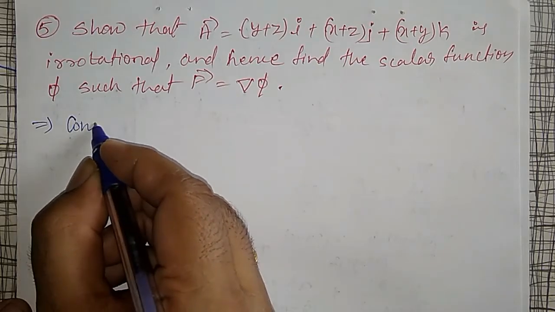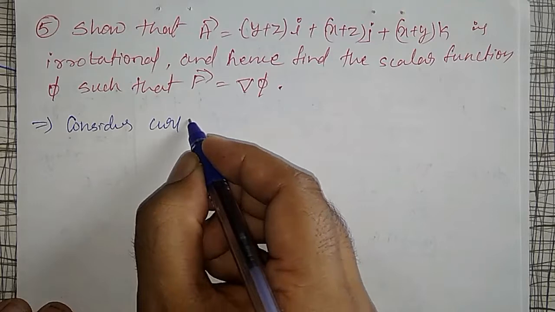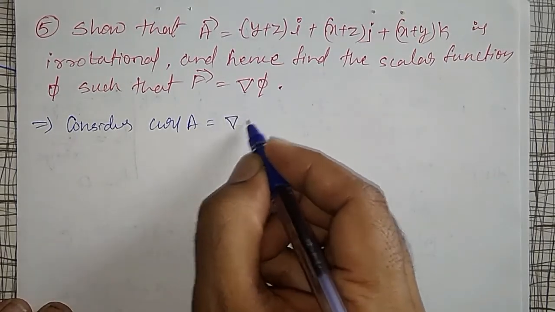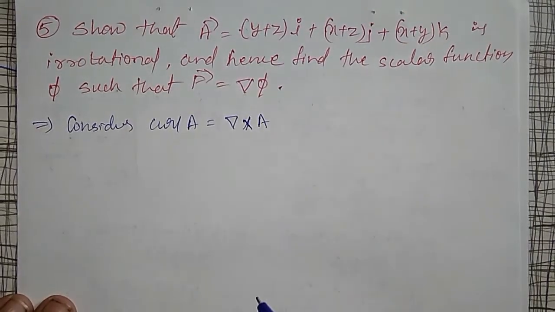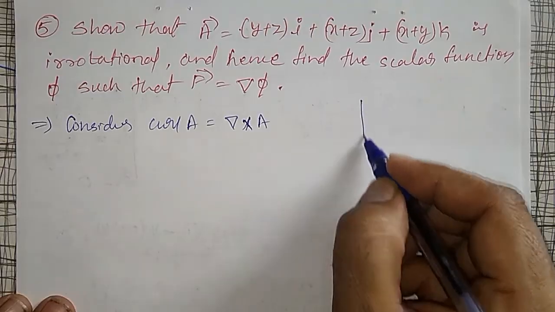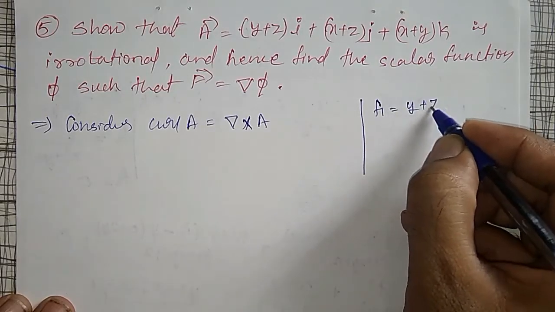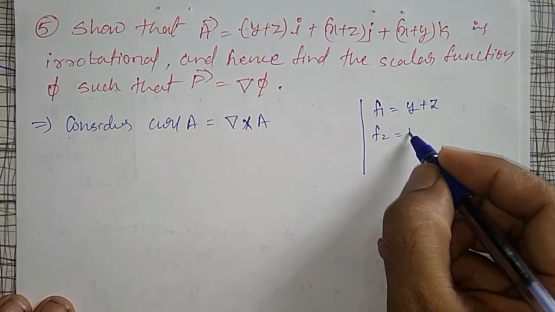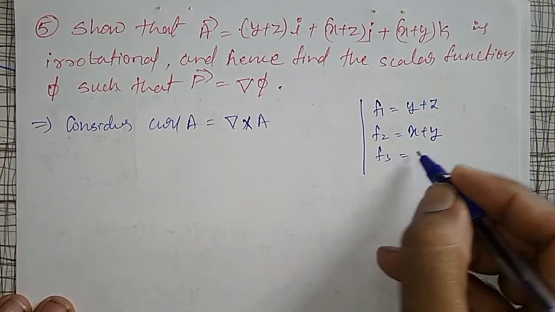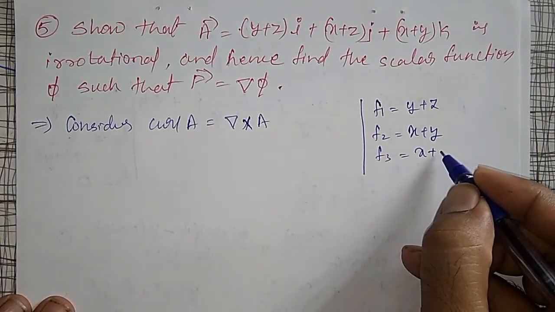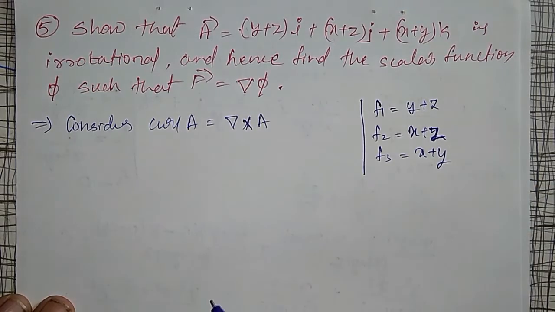Consider curl A is equal to del cross A. We know that curl is defined by del cross A. Then, from the given equation, f1 is nothing but y + z, f2 is x + y, and f3 is x + z.